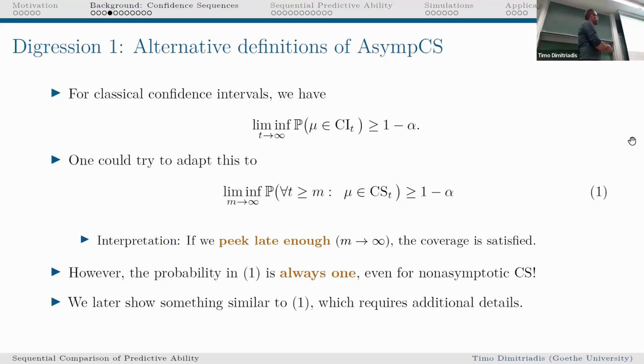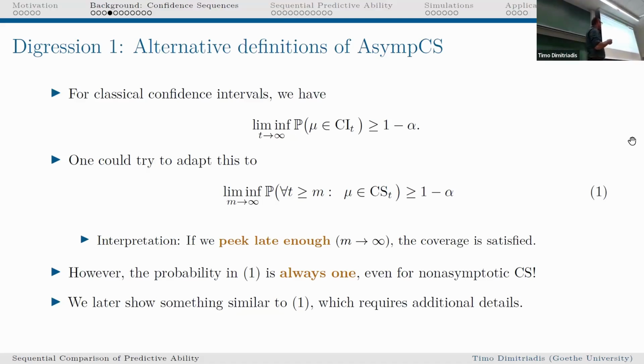So we have for all t at least m, mu in the confidence sequence. We let m go to infinity, so we peek infinitely late or very late, and then consider all times after the late peeking. Now this has to be larger than 1 minus alpha. If you talk about initial peeking times, this would maybe be the most natural interpretation of such an asymptotic confidence sequence. But I admit, this is not that nice because we have this peeking time.